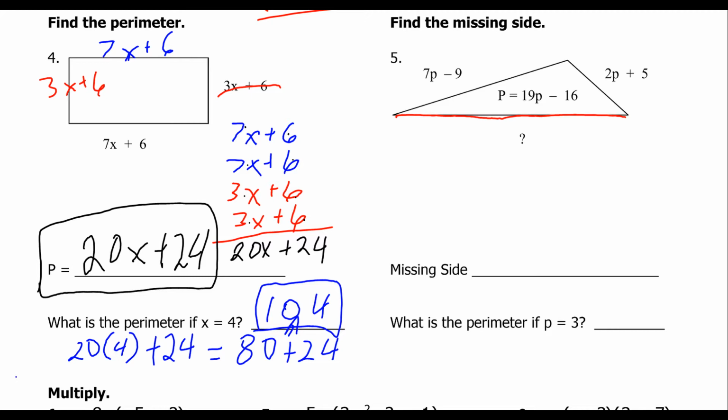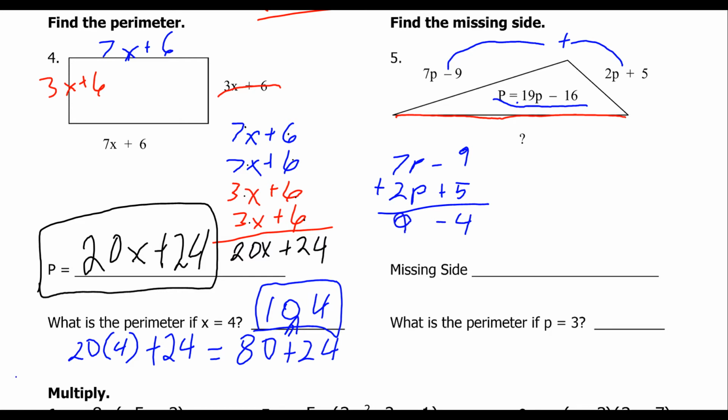The easiest way to do this is going to be to add these two and then subtract them from this, the 19p minus 16. So here's how we're going to do this. We're going to go 7p minus 9 plus 2p plus 5. And negative 9 plus 5 is going to be negative 4.